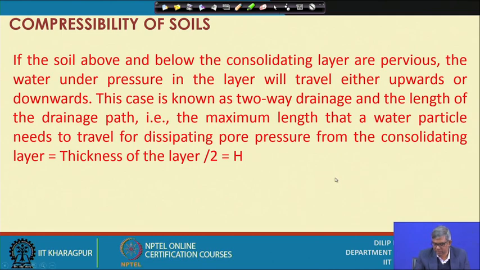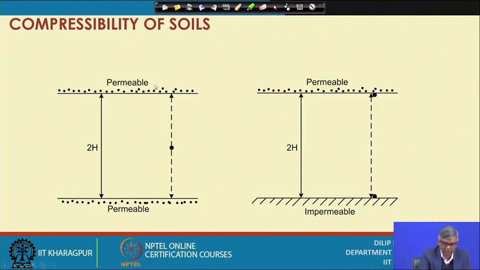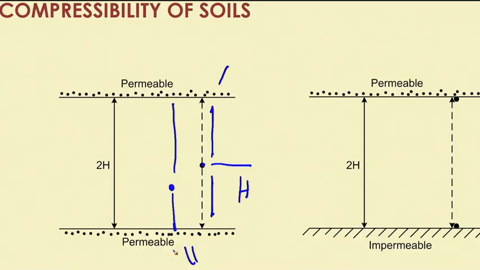This is schematically shown here. You can see this is permeable and this is also permeable. So, for a water particle from here, the maximum distance it travels, whether it goes this way or this way, is still h. But if the water particle is here, it will never go this way, because going that way it will be faster. They will try to release faster because it is under pressure.